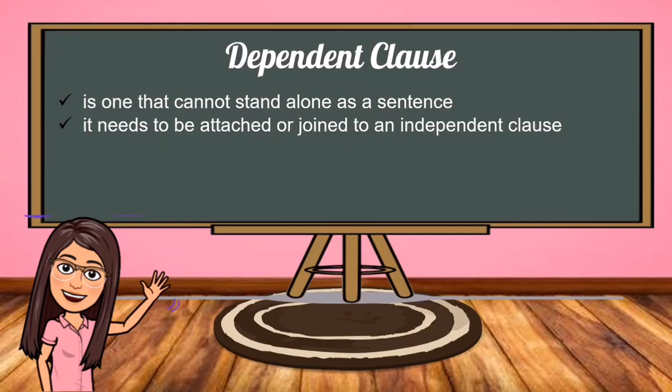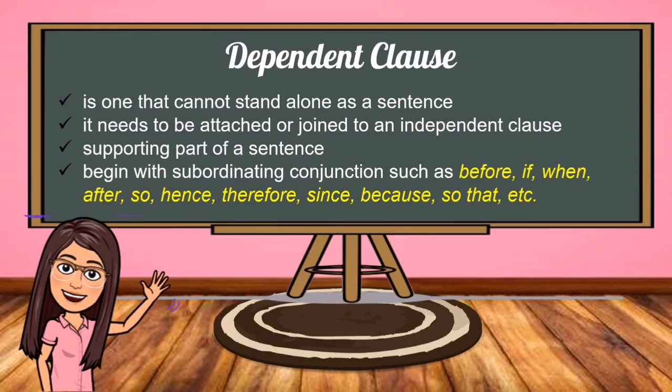It needs to be attached or joined to an independent clause, and it is considered as a supporting part of a sentence. Also, a dependent clause begins with subordinating conjunctions such as before, if, when, after, so, hence, therefore, since, because, so that, and many others.